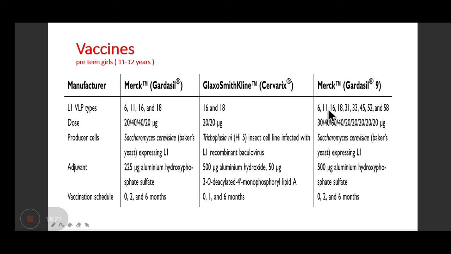If you see in this, Gardasil 9 has 9 serotypes, and 16, 18, 31, and 58 are the most cancer-causing serotypes, and it has the non-cancer-causing serotypes, that is 6 and 11, as well. So we have the quadrivalent and bivalent vaccines. These are the common cancer-causing serotypes.